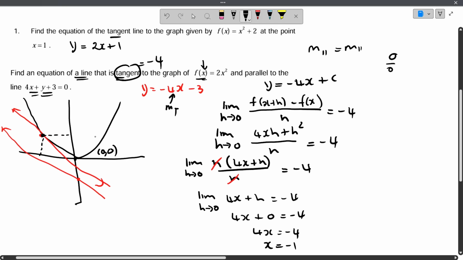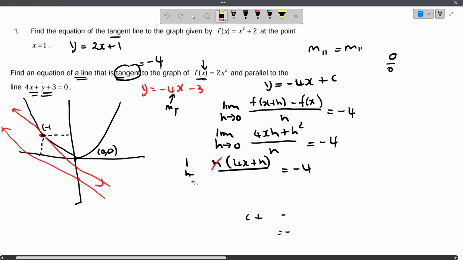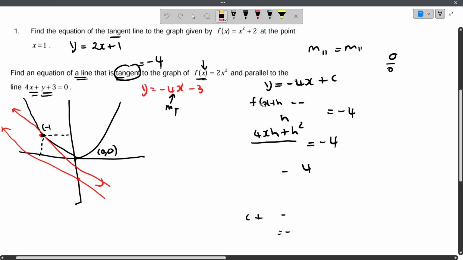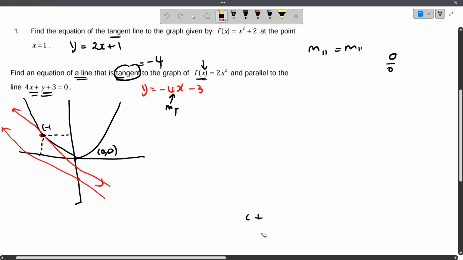That means that these two functions here, the tangent and the parabola, they meet at x equal to -1, right? They meet at x equal to -1, and hence now you have to substitute that -1 into my original function to find my y value.